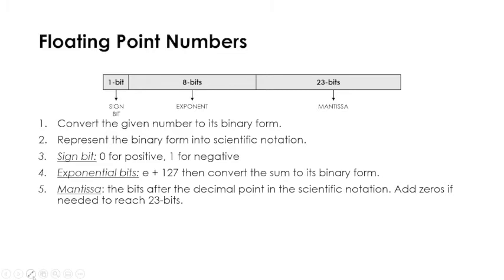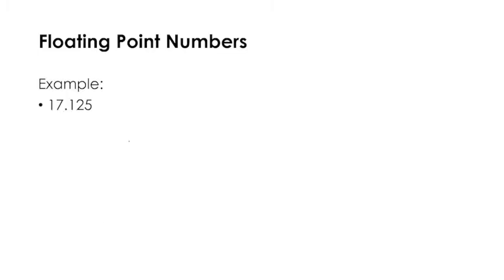So let's try some examples while applying the following steps. So we have 17.125. Again, the first step is to convert it to its binary form. We already know how to convert this.